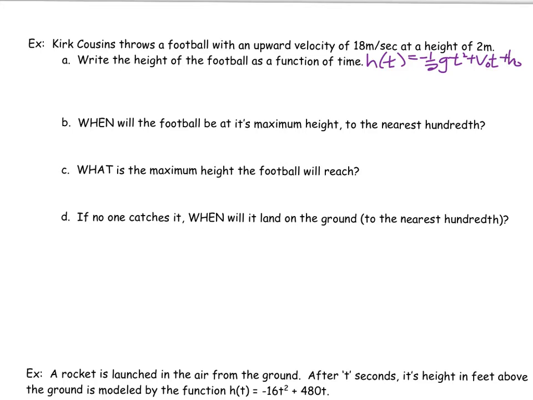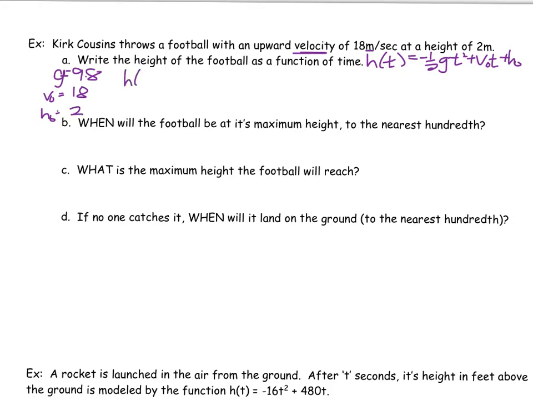Well, if it says meters per second, our gravity value is going to be 9.8. The velocity is 18 meters per second, that's v sub o. And then the initial height was 2 meters, so that's h sub o. And we're just going to plug those values in.